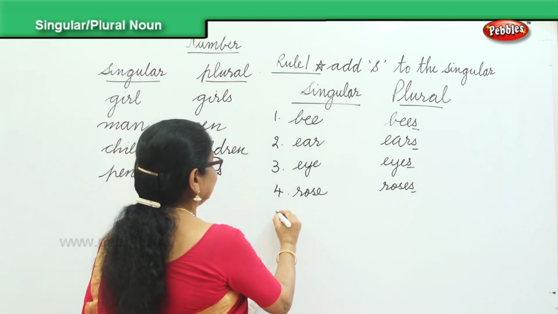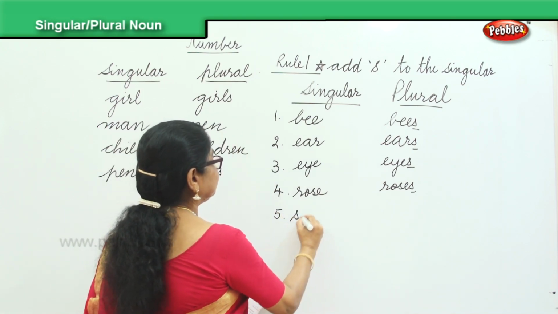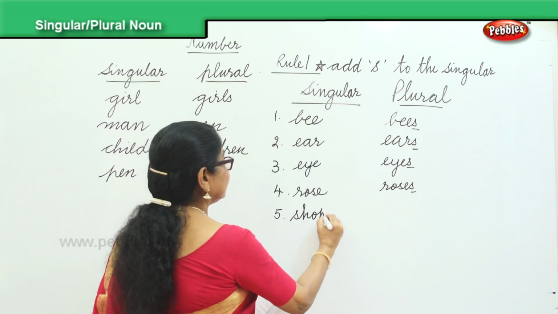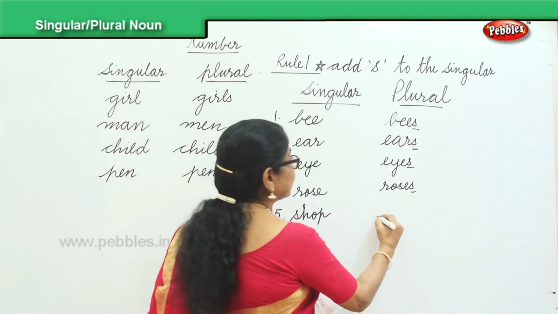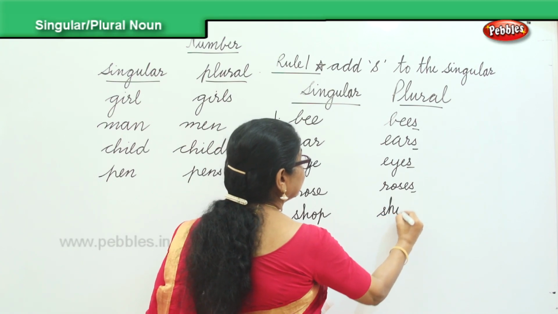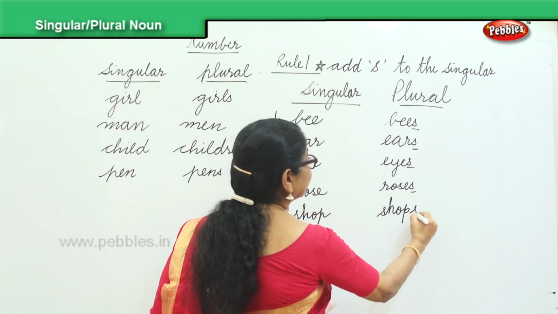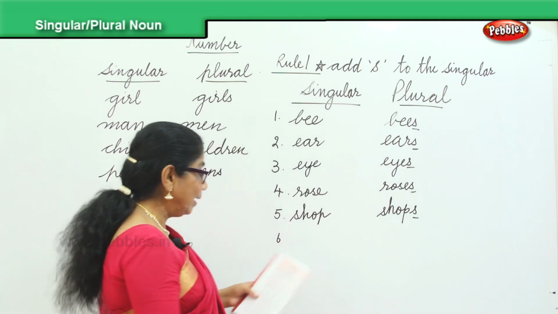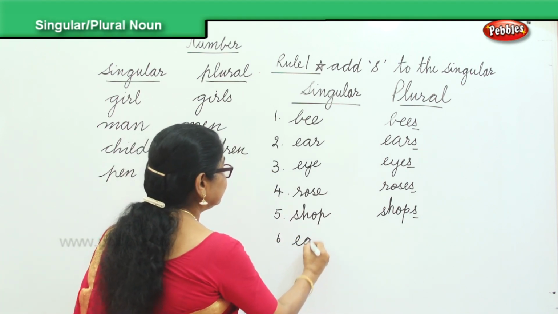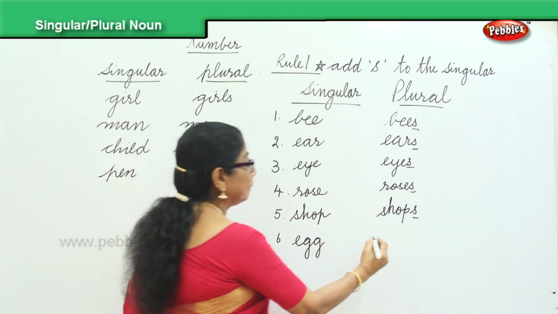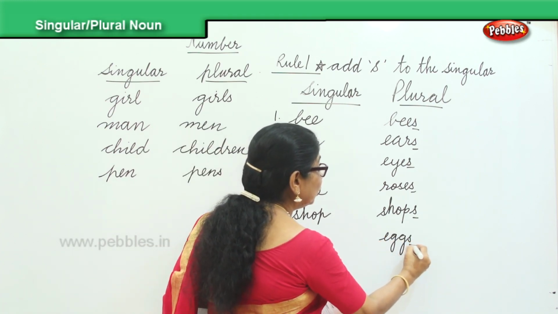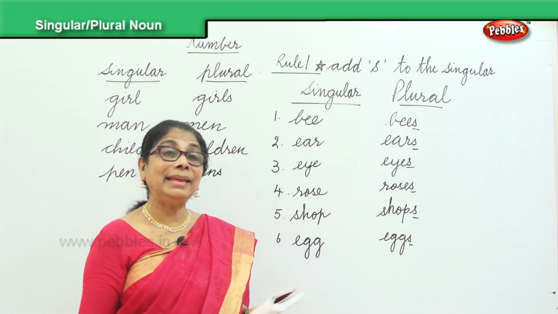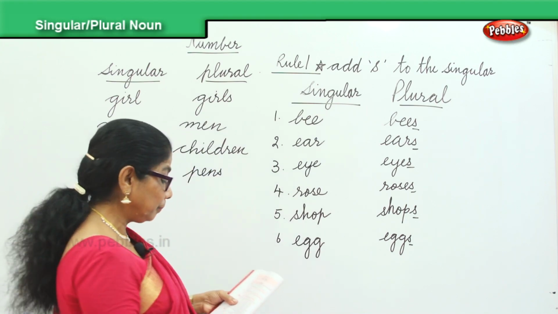Then shop. What will be the plural? Add s, shops. Then we have egg. Egg, eggs. All plurals are formed by adding s to the singular.